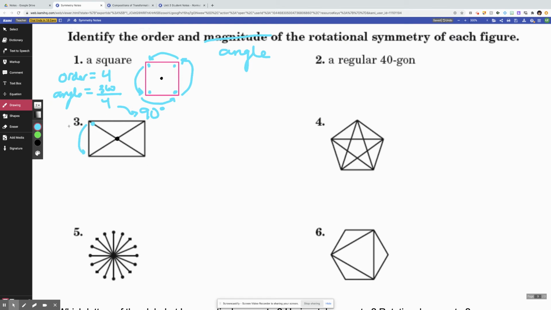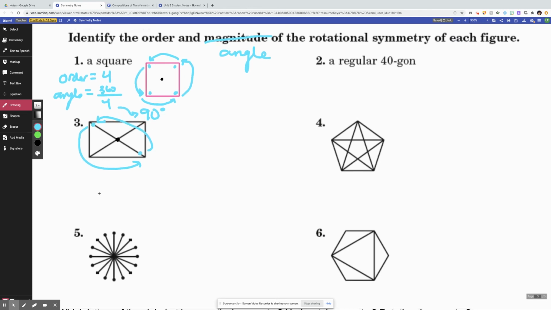So I actually have to rotate this all the way here for this dot to end up down here in the bottom right-hand corner to have this shape map back onto itself, and then go all the way back around. Okay, and now we're back where we started. So my order here is 2, and my angle is 360 divided by 2, which is 180 degrees.